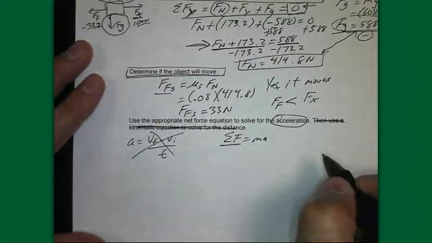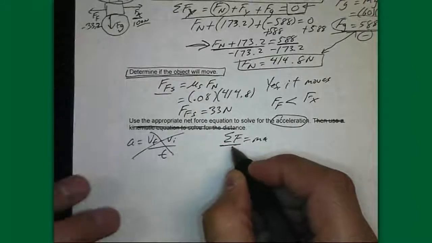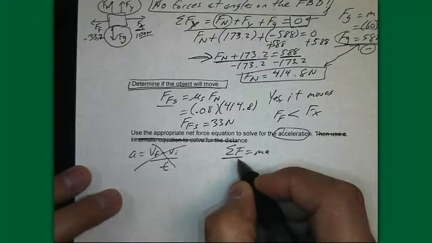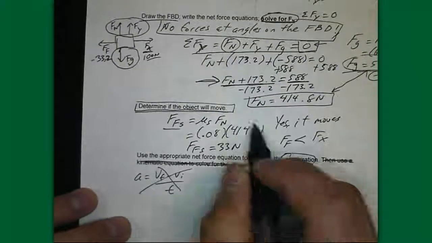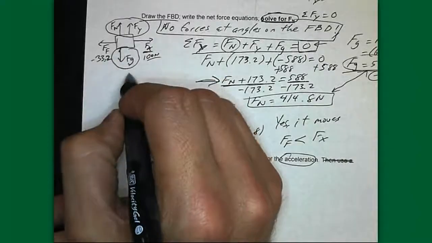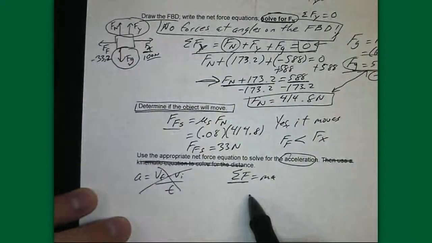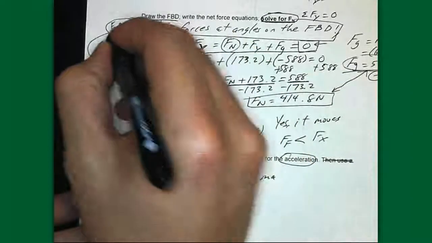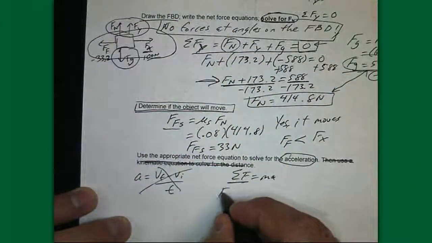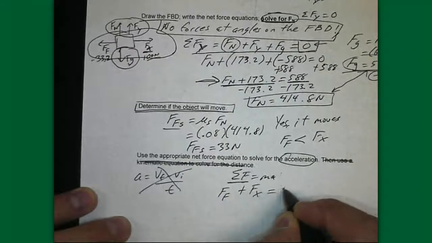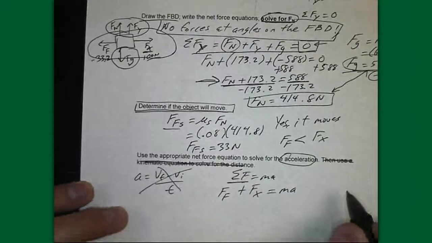Now, on the left side of the equation, we have to write down what forces are going to be added, and those are the forces that are in the direction that we have acceleration. Looking at our free body diagram, I know there's no acceleration in the y direction, so I don't care about those forces for this problem. I'm just looking at the x direction forces, which is going to be the friction force and the x force, and that will equal the mass times the acceleration.